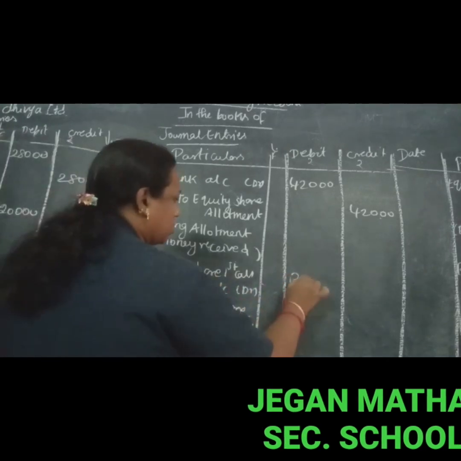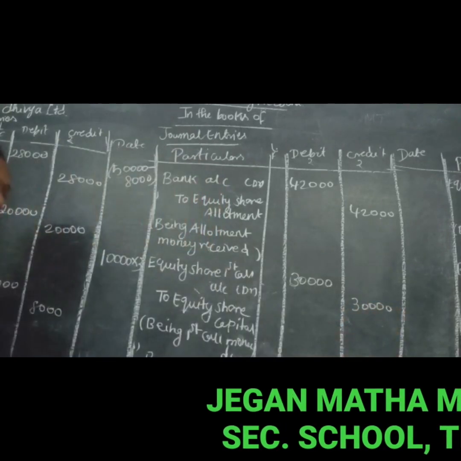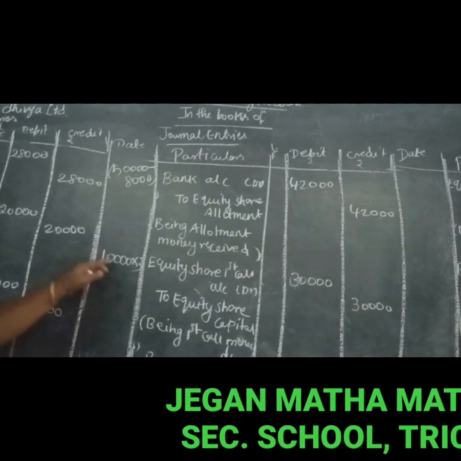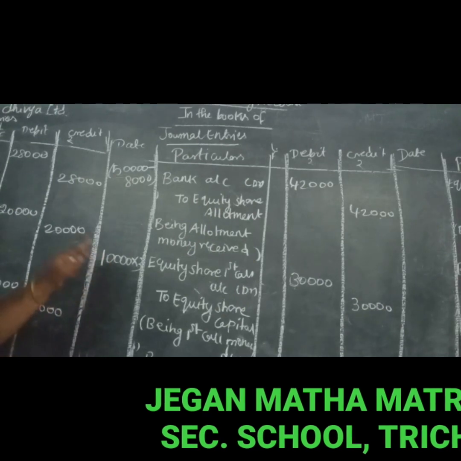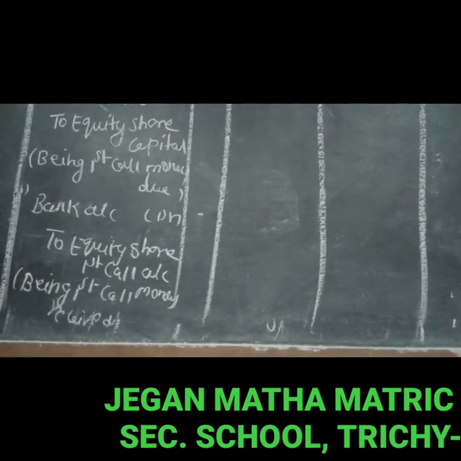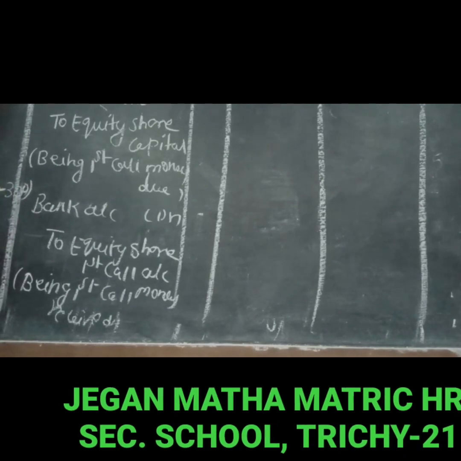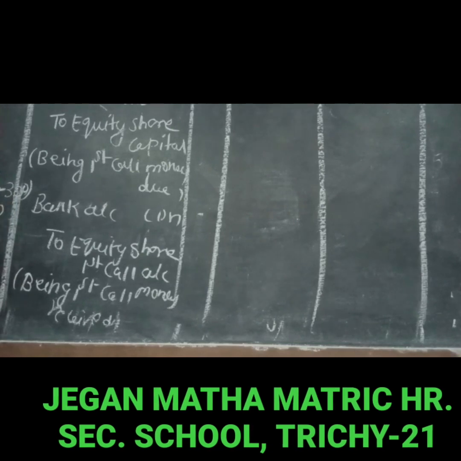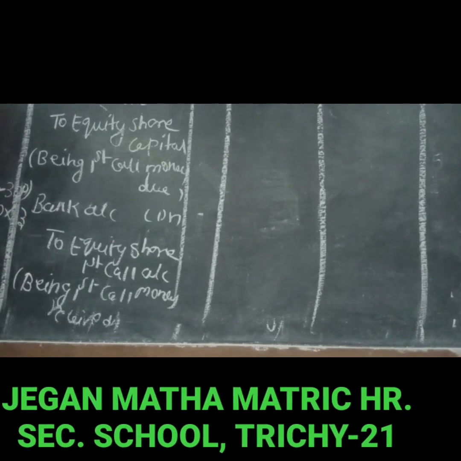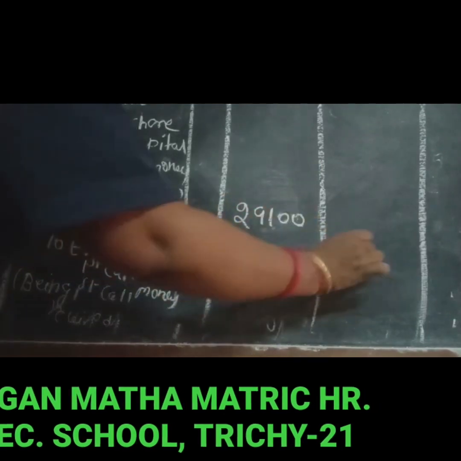But because the shareholder failed to pay on 300 shares, only 9,700 shares' money is received: 10,000 minus 300, 9,700 into 3 rupees, 29,100.